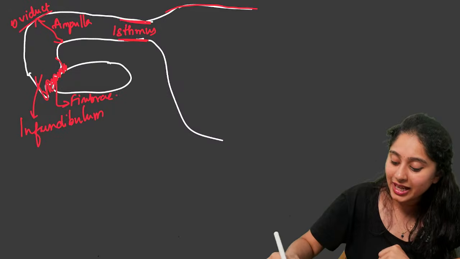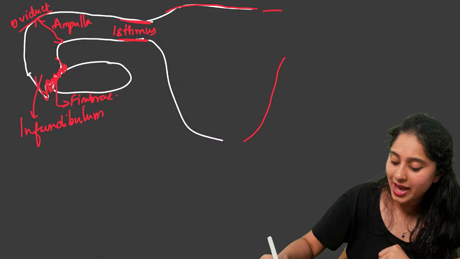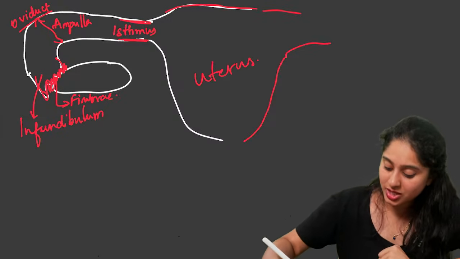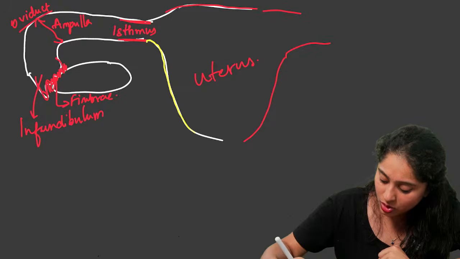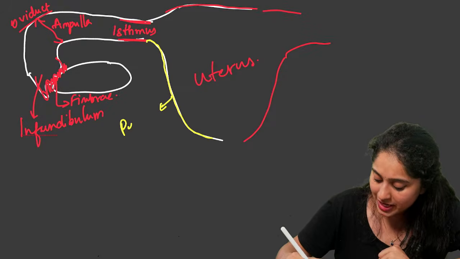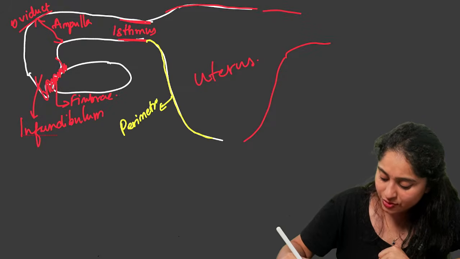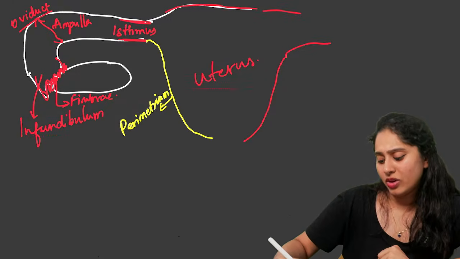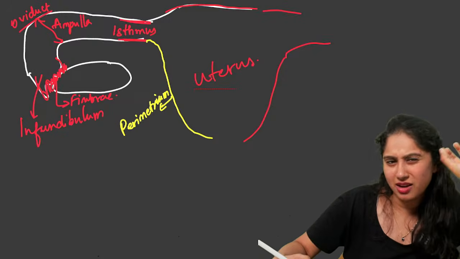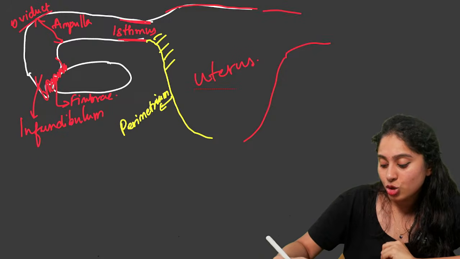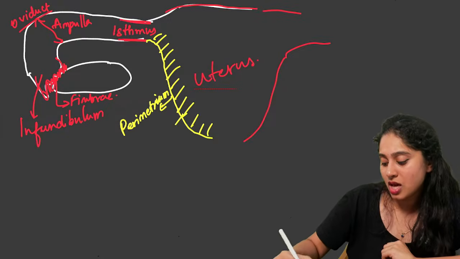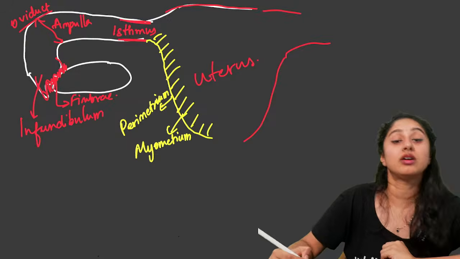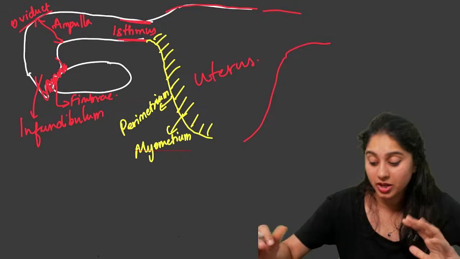Now, this leads into an inverted pear-like structure called the uterus. The uterus has 3 layers. The outermost layer is the perimetrium, which is fibrous and thin actually. It's just a membrane at the end. Then we have a smooth muscle layer, the myometrium, which undergoes serious contractions during childbirth.